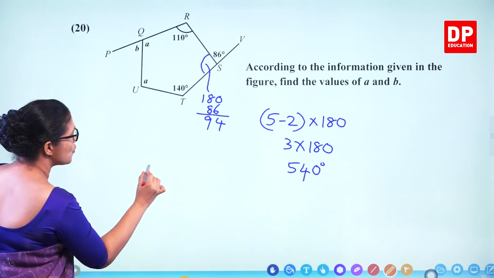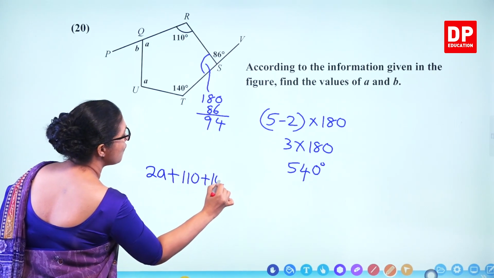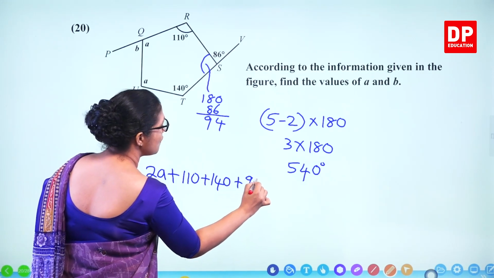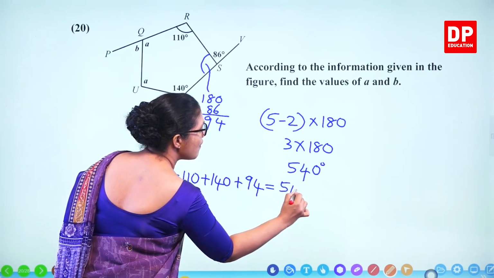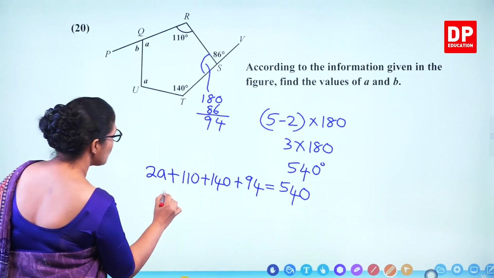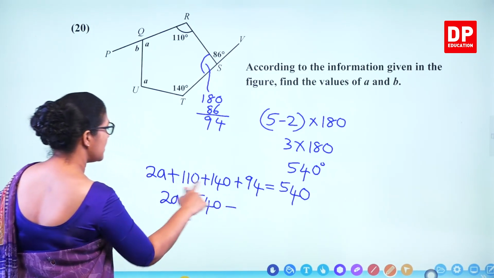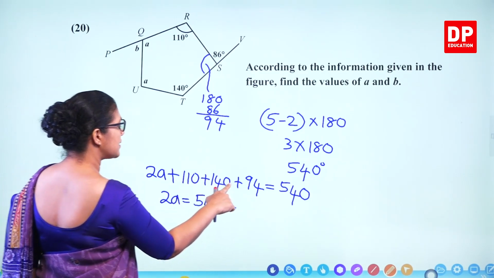Now you can equate. A and A becomes 2A. 2A plus 110 plus 140 plus 94. That's equal to 540 because this is a pentagon. So 2A becomes 540 minus, what's the sum of these 3 angles?